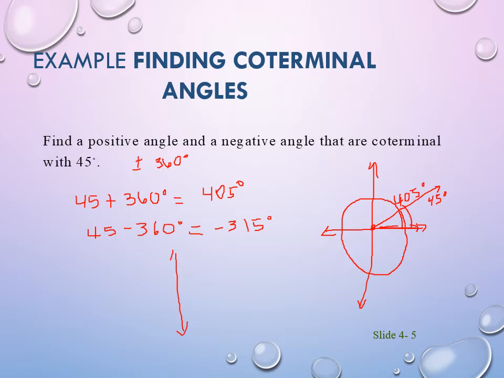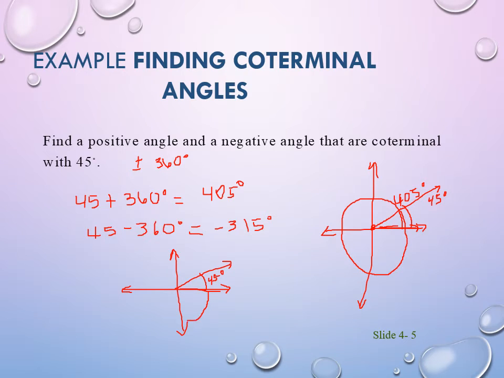Same thing if we were to do it clockwise. Okay, if we have here 45 degrees, we start again here. And I want to do negative 315. So this would be our starting point. Again, same initial side.